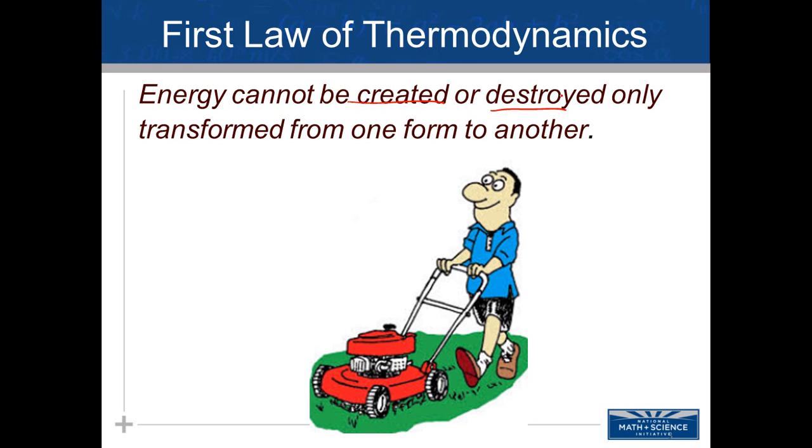Well, first off, we see that the guy is walking. And so where is he getting that energy needed for him to walk? Well, it's going to come from the chemical energy found in the food that he consumes. So in this case, we have chemical energy being converted into mechanical energy.